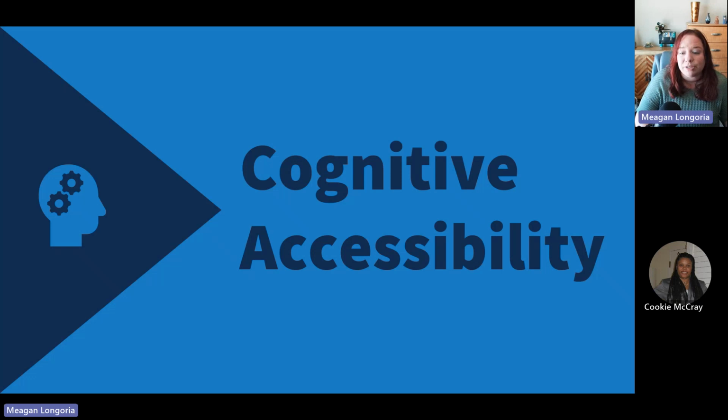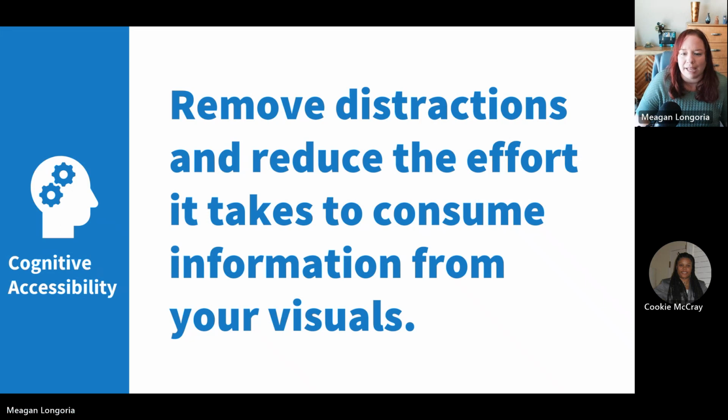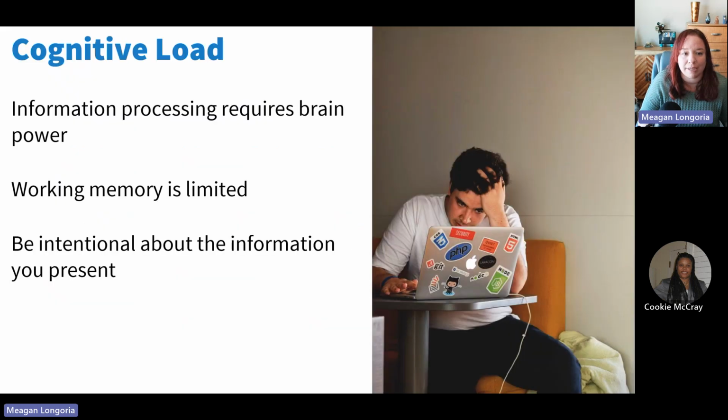So I'm going to start with cognitive accessibility, and then we'll end on some of the more common color blindness and color contrast stuff. And really, the entire point of cognitive accessibility is that we want to try to remove distractions and reduce the effort it takes to consume our reports.